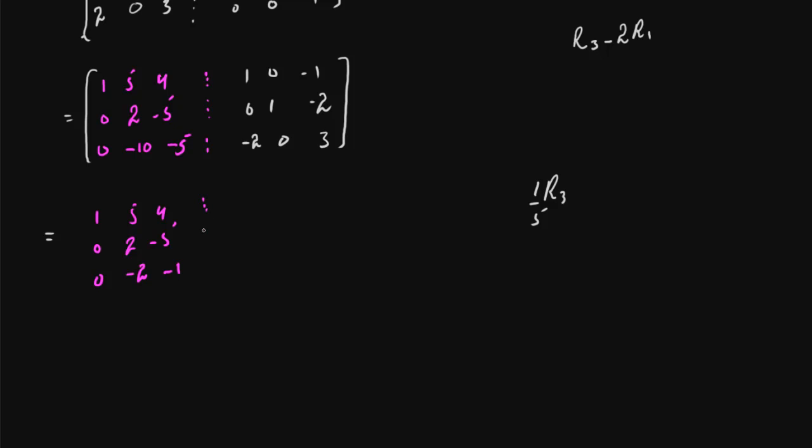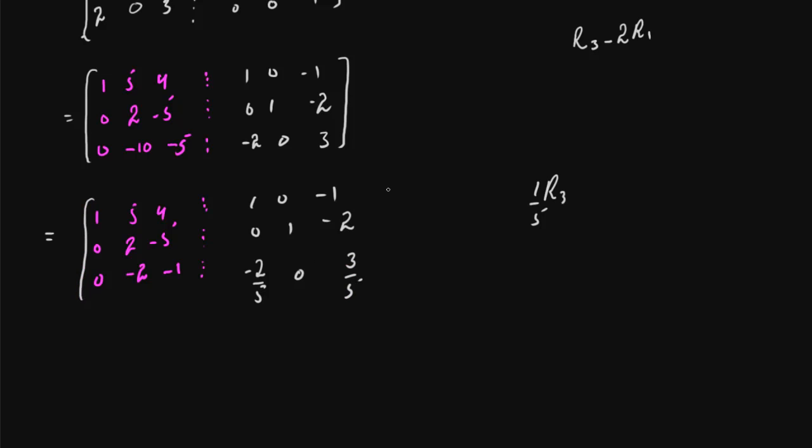Similarly we will do the same thing with the identity as well, and it will be 1 0 -1, 0 1 -2, and we will do -2 over 5, and we have 0, and we have 3 over 5.